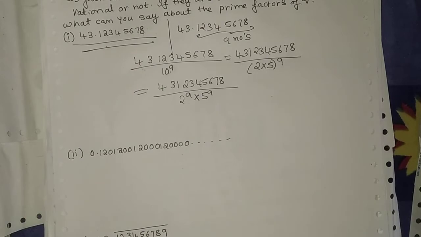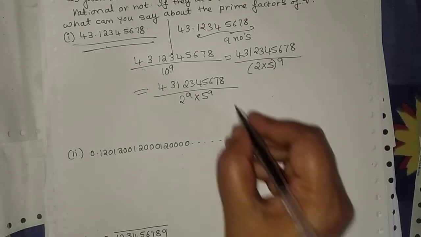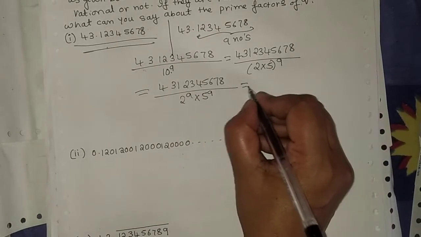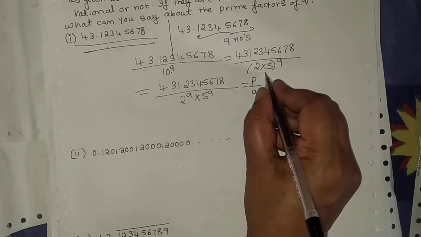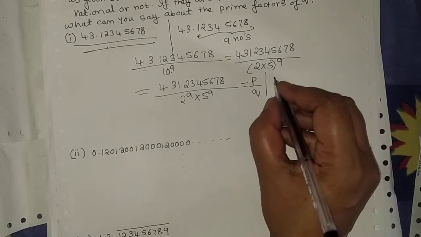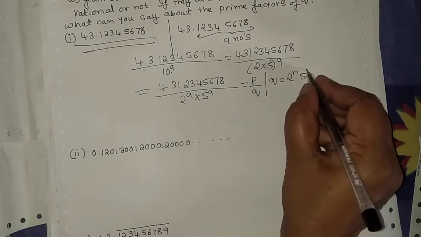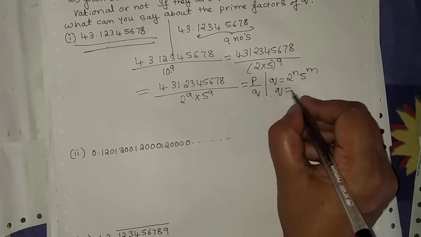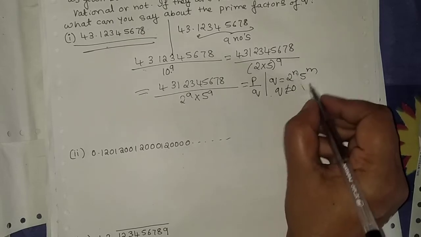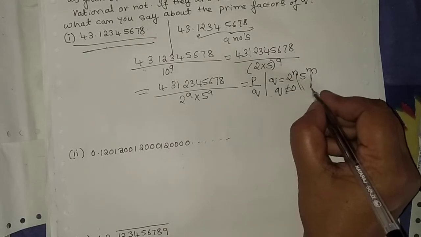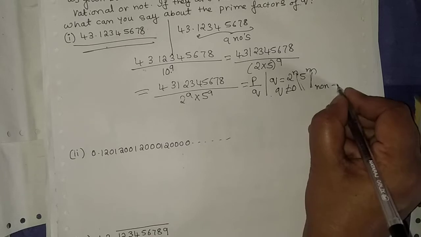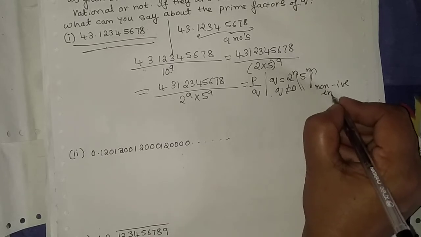So now we brought this in the form P by Q, where Q is equal to 2 power n, 5 power m, and Q not equal to 0, and these are non-negative integers.